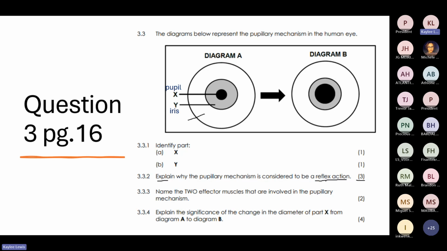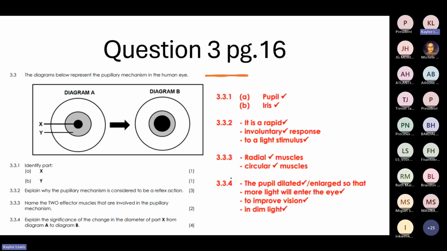And the pupillary mechanism, what are we responding to? What would be the stimulus? Because your pupil size is changing to control the amount of light entering. So the stimulus here would be light. Okay, so how do we formulate what I've just said into the correct answer? So I'm just pulling it up over here.